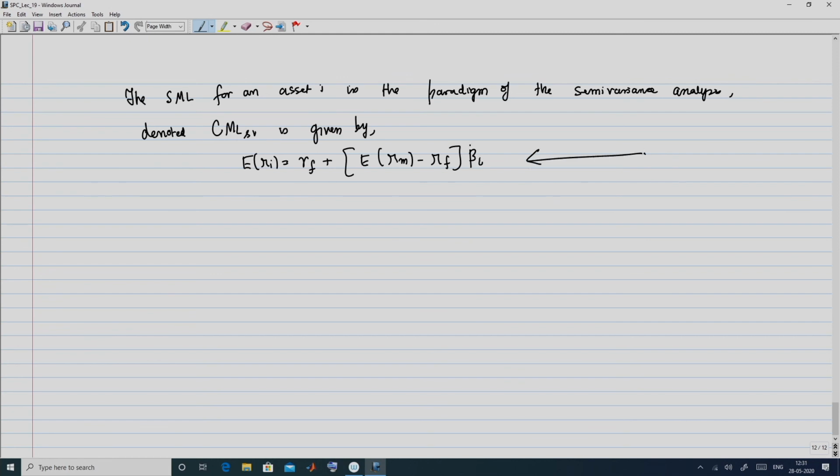Again, the only thing that changes in the context of semi-variance is that the beta I is replaced by beta I double bar.